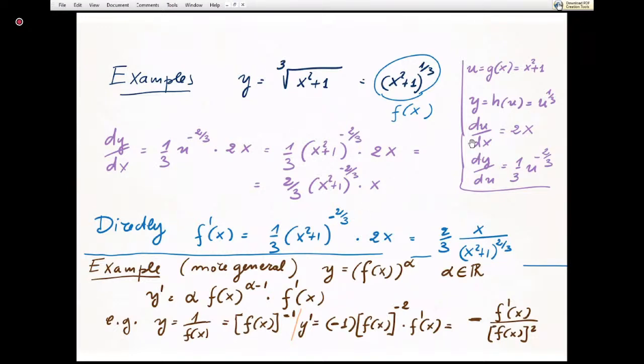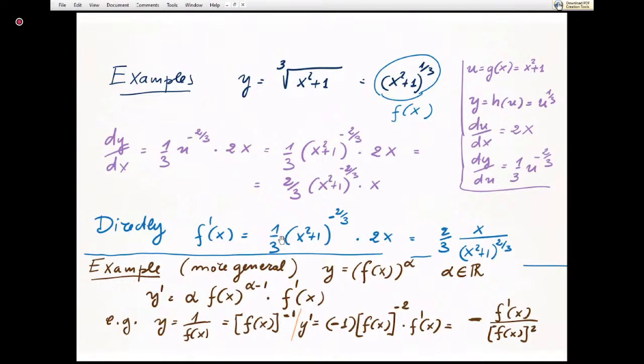We don't do that in general, at least for these simple structures. What we do is this. Basically, we regard this as a function of the whole argument of the root, and we know that the derivative of the cubic root of something is 1/3 times something to the power of minus 2/3.